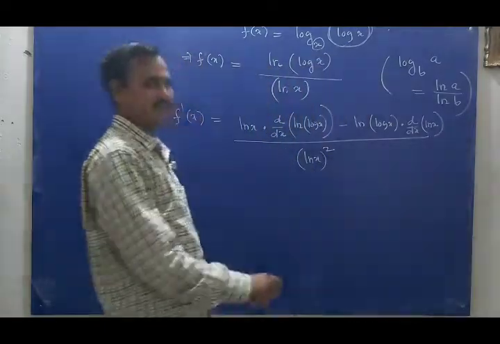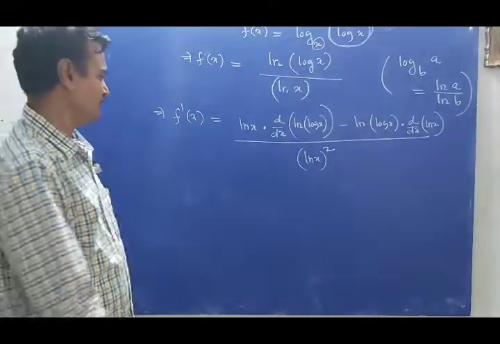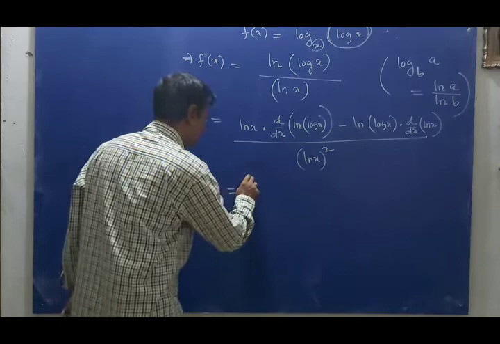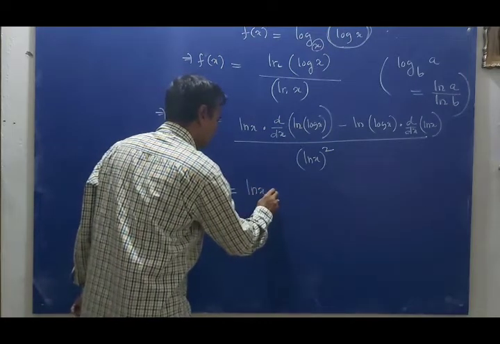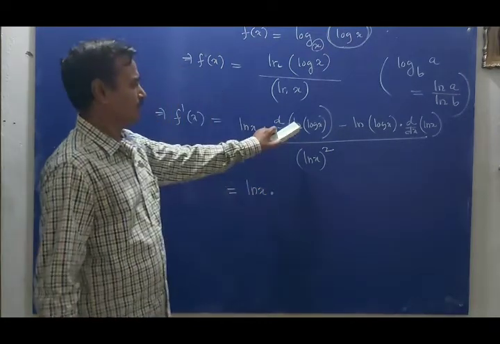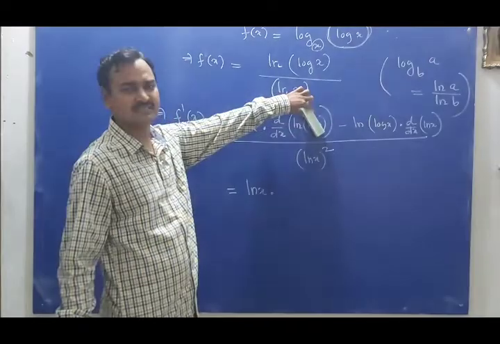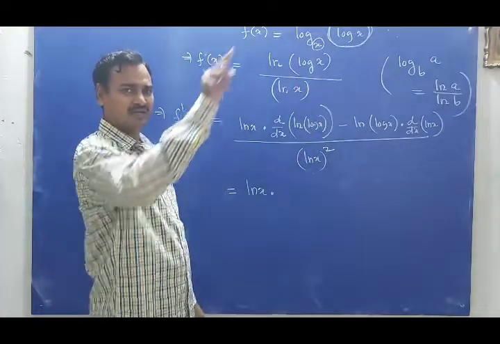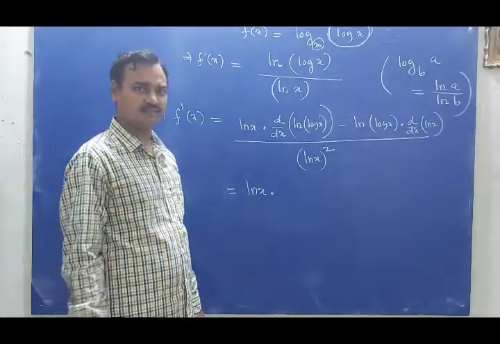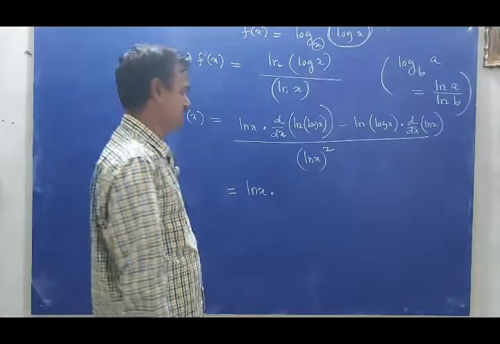D by dx of ln of x is equal to ln of x into, what is the formula? 1 by f of x into derivative of f of x.